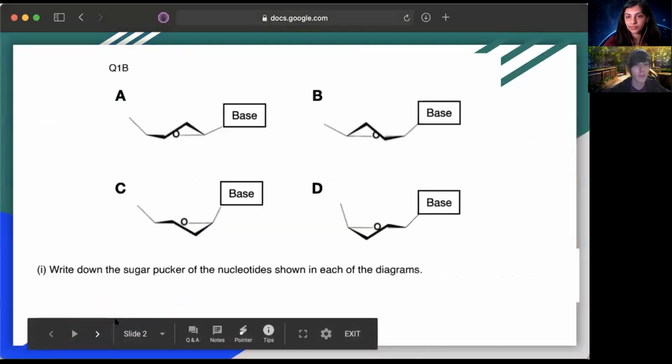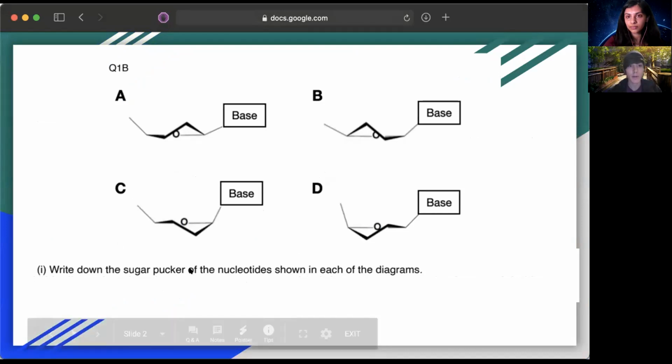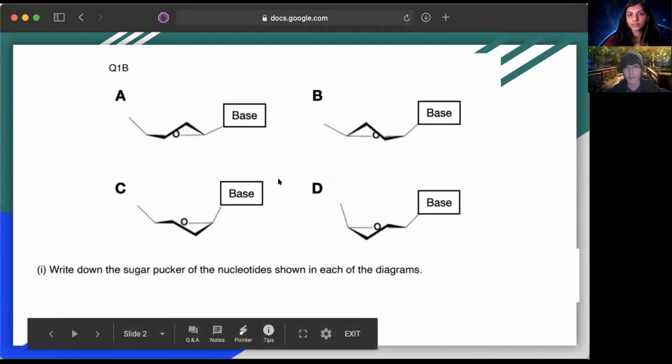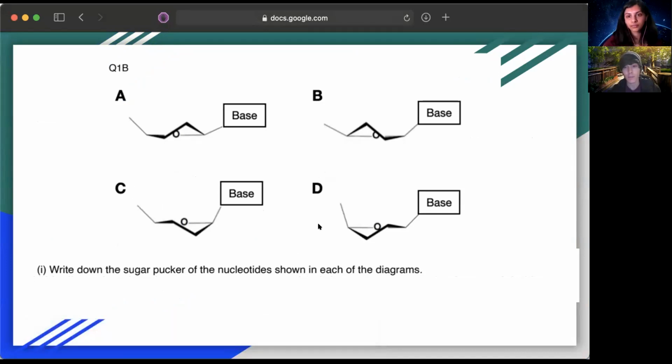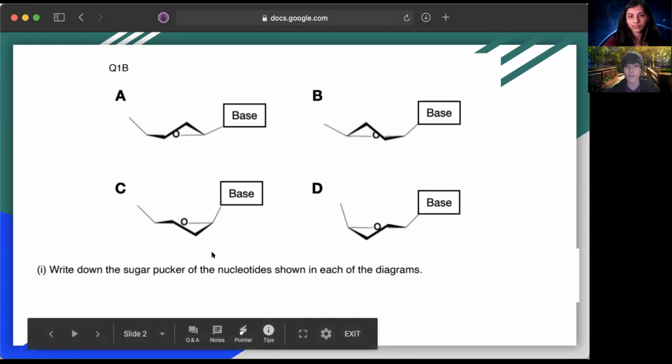Okay. So for this next question, we're going to talk more about the actual sugar pucker. Can you guys tell me what the actual sugar puckers are for each of these diagrams below? So A, B, C, D. If you have any questions about how the sugar pucker is determined, basically what you need to know is that the endo sugar pucker is on the same side as the C5 carbon, and the exo is on the opposite side of the C5 carbon.